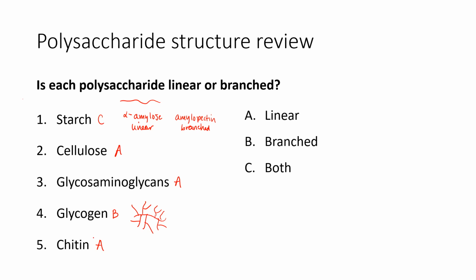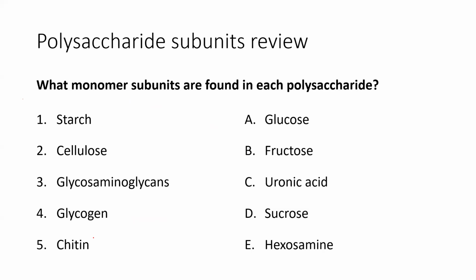This generally has to do with both what particular sugar you have in each of these polysaccharides, as well as the bonding between the sugars. So let's start talking more about those individual monomer subunits. Take a few minutes here, and for each of these polysaccharides, think about which types of subunits are in each one. We'll come back together in maybe 4 or 5 minutes.